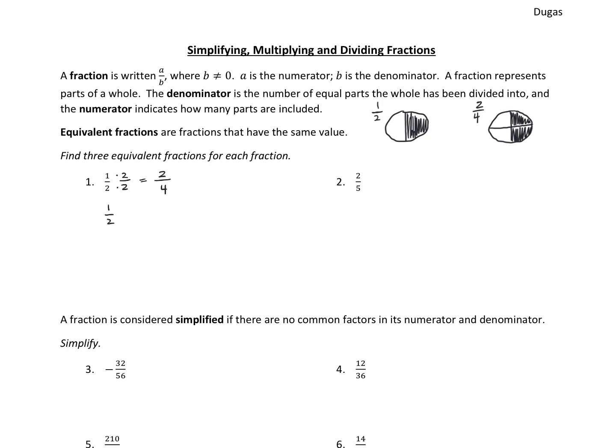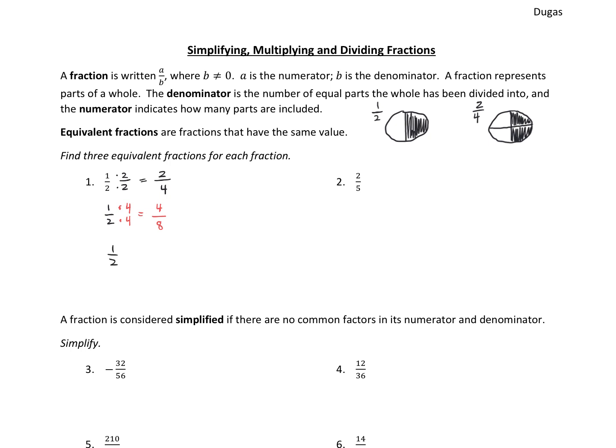So for the 1/2, I can scale it up by 2, 3, 4, 5. It doesn't matter what number I use. I'm multiplying the top and the bottom by the same number. So 1 times 4 is 4. 2 times 4 is 8. 4/8 is also equivalent to 1/2.